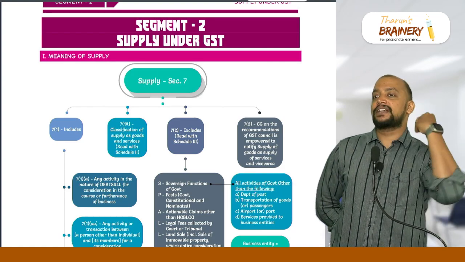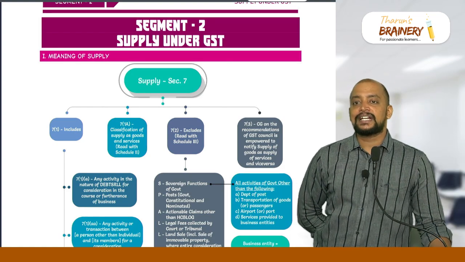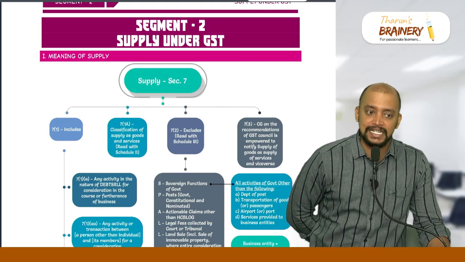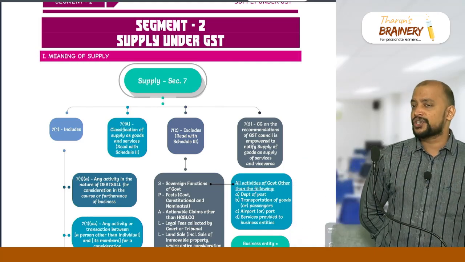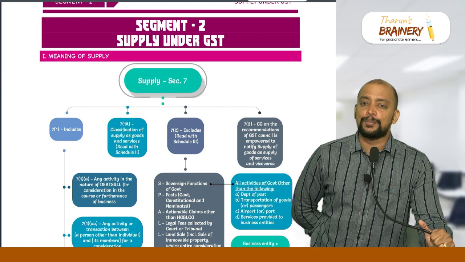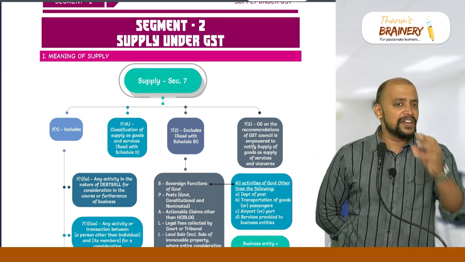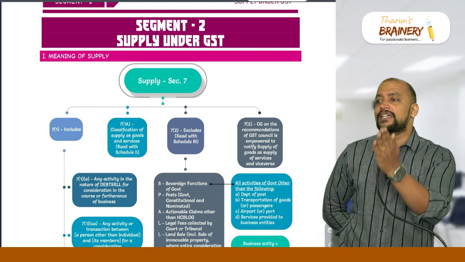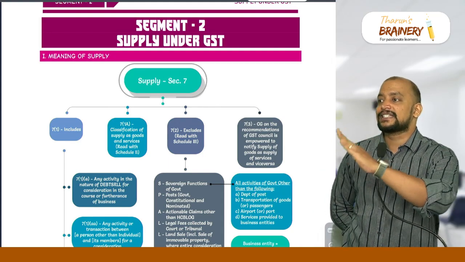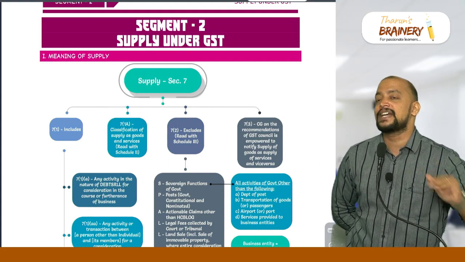Where is this supply defined? This supply is defined under section 7 of the CGST Act. Whatever sections we are learning will majorly be of the CGST Act only. In the IGST Act, we have very few sections that we will be learning, like the chapter on charge under IGST, you just see the index.